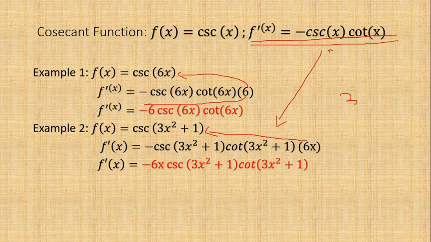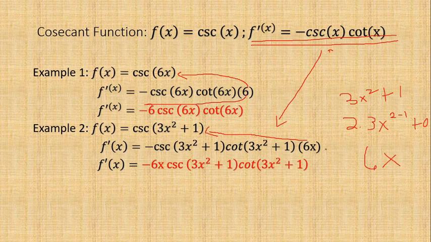Paano nangyari yon? 3x squared plus 1 by using constant multiple rule, 2 times 3x, 2 minus 1 plus 0, ay magiging 6x. Kaya ganon siya. Okay? So, rewrite it: negative 6x cosecant 3x squared plus 1, cotangent 3x squared plus 1.